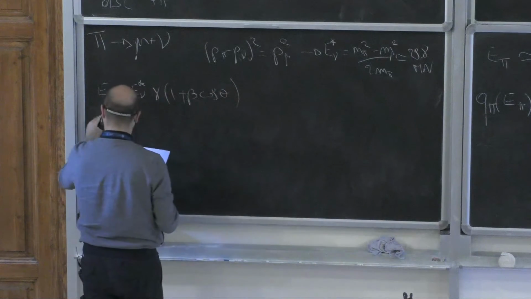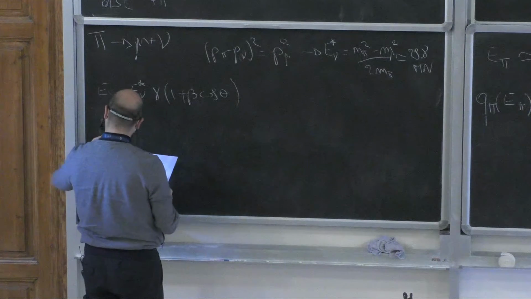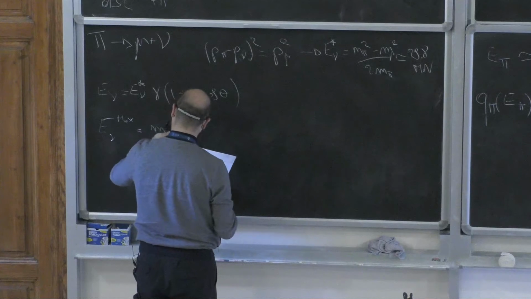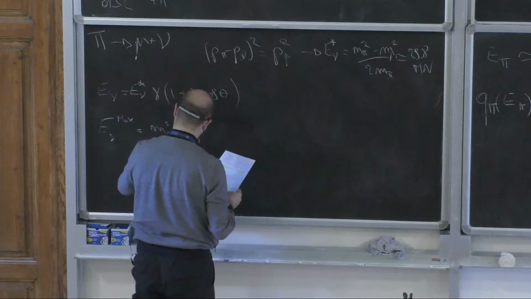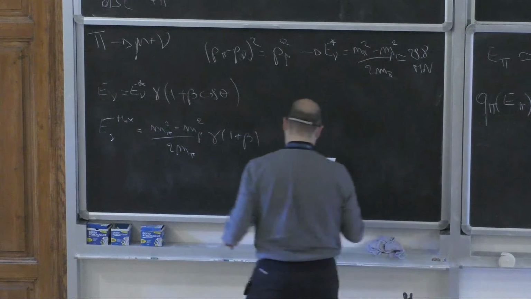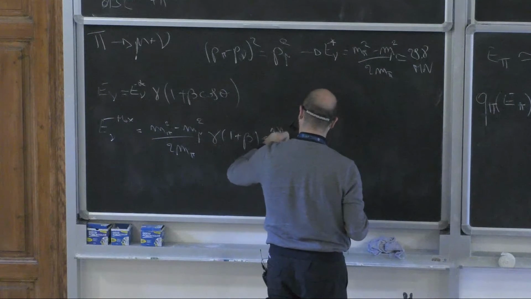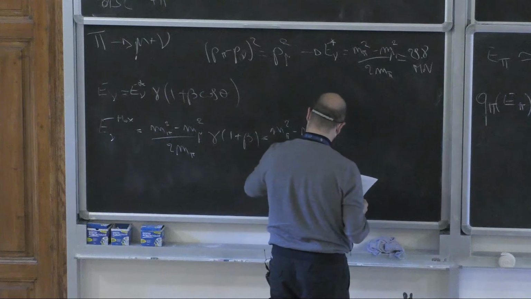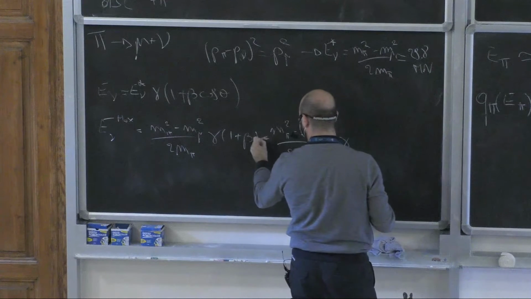We can deduce that E nu max in the lab frame is going to be given by m pion squared minus m muon squared over twice the mass of the pion times gamma (1 plus beta). This gives you the same expression times twice gamma in the ultra-relativistic limit.